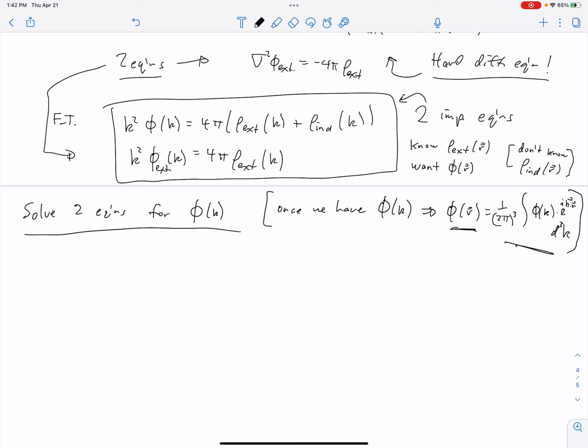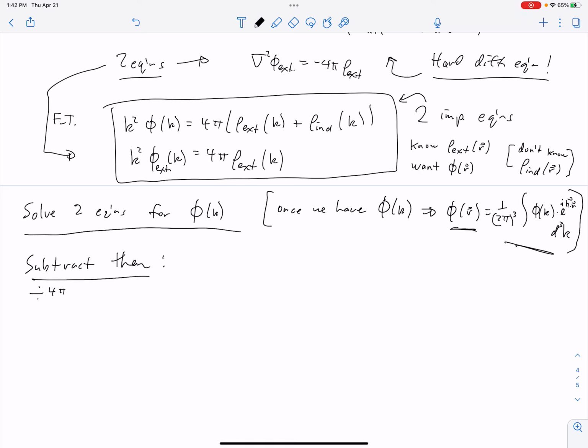But let's just solve these two equations. They're really easy to solve, just those two equations that you see up there. We can just subtract them, and let's divide by 4 pi.